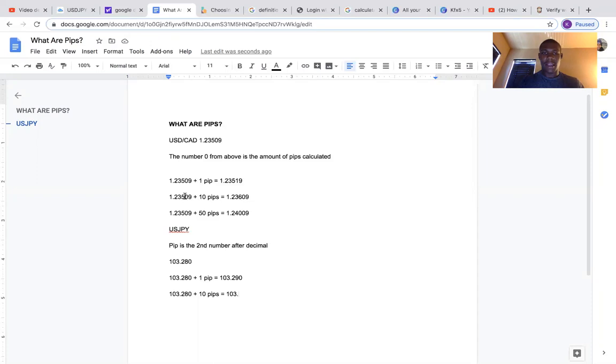I had to use the 5 as well. So in this case, I'm going to have to use the 2 as well to add the 10 pips. Add the 10 to the 28, which will make it 38, 380. Because again, the second number after the decimal is what matters. Ignore the 0 for a second so it looks easier.